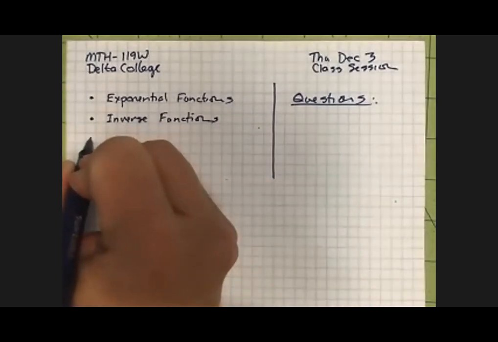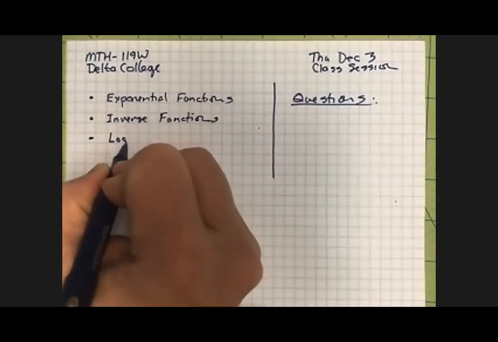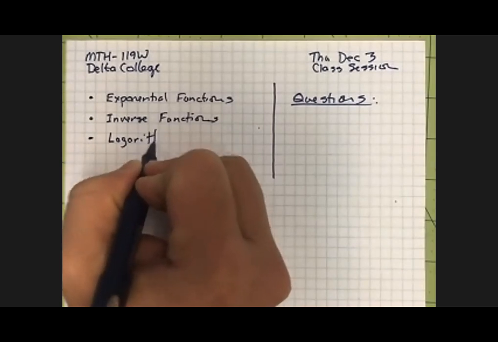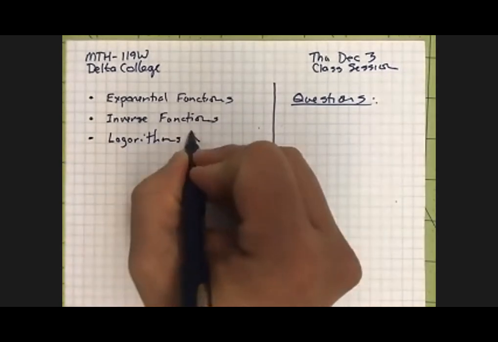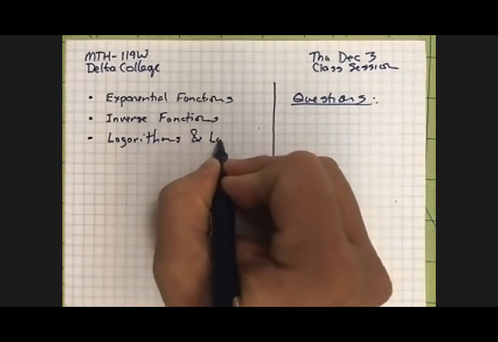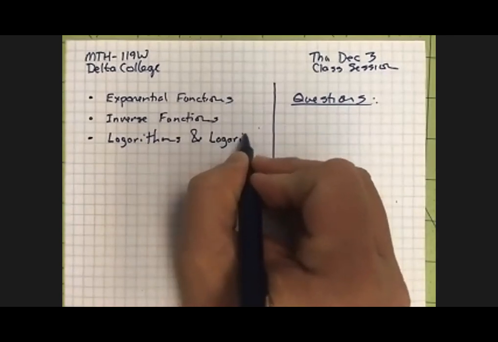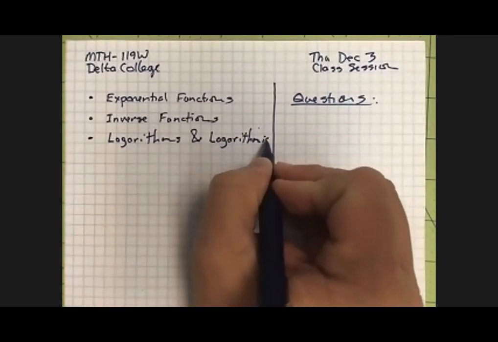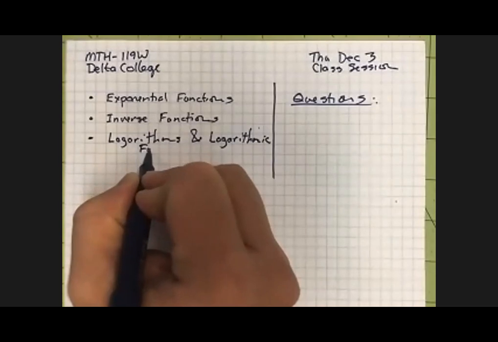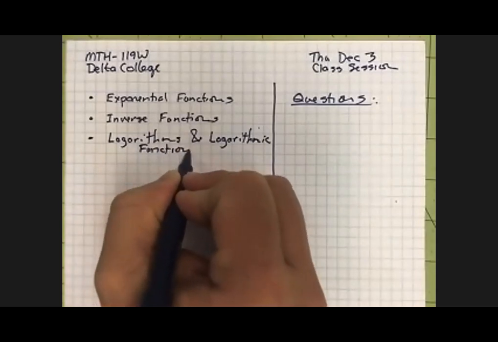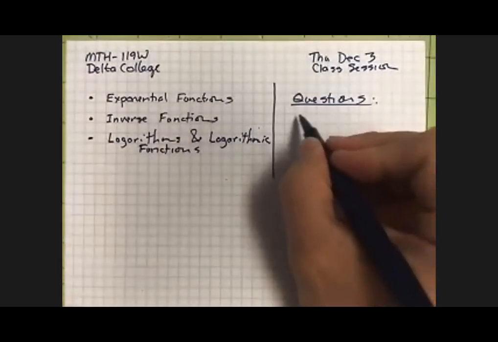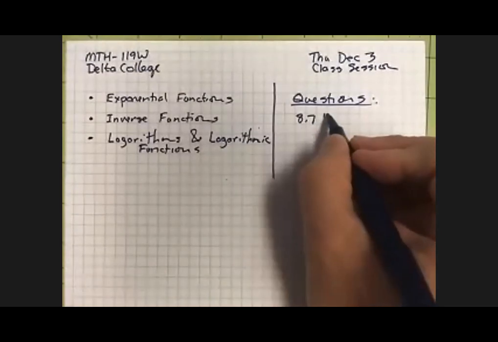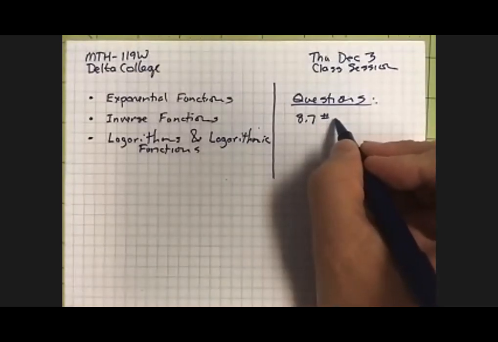And then we're going to introduce logarithms. And logarithmic functions. And two questions you want to look at. Let's take a look at 8-7-30 and 8-7-37.